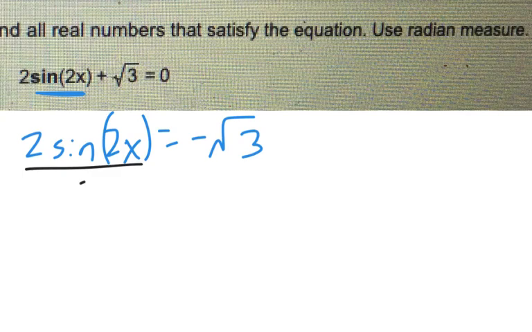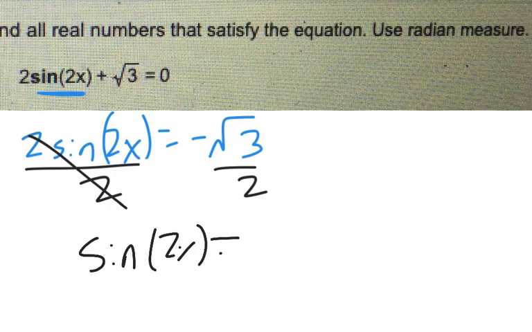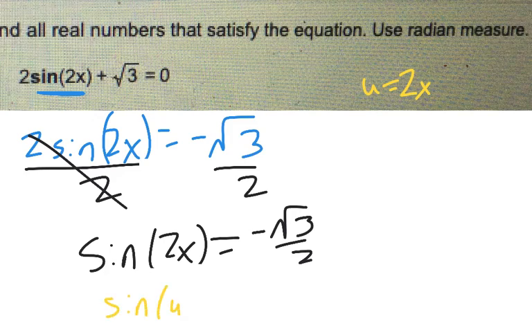When I move that over, then I'm dividing by 2. And so that gives me sine of 2x equals negative radical 3 over 2. And then we don't like the argument to be 2x, so I'm going to do a u substitution. I'm going to let u be equal to 2x. So this tells me that sine of u is equal to negative radical 3 over 2.